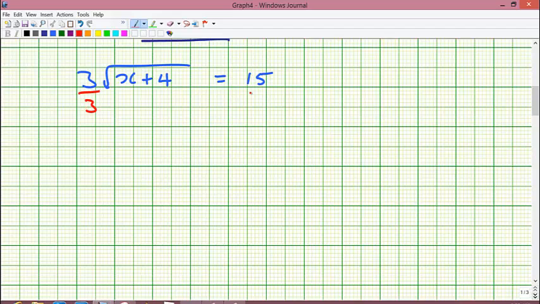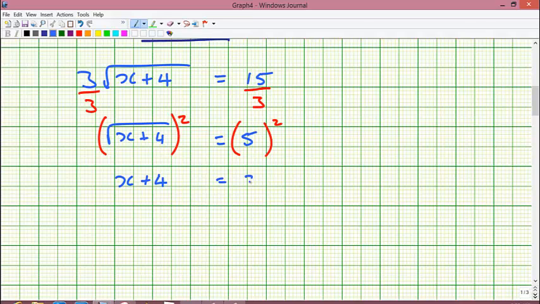So we divide by 3 in order to remove that. So we end up with the square root of x plus 4 equals 5. We now need to remove the radical symbol. We do that by squaring. So x plus 4 equals 25. x equals 21.